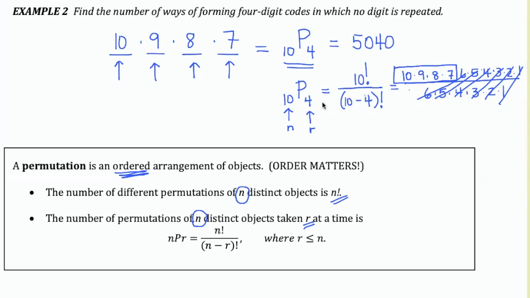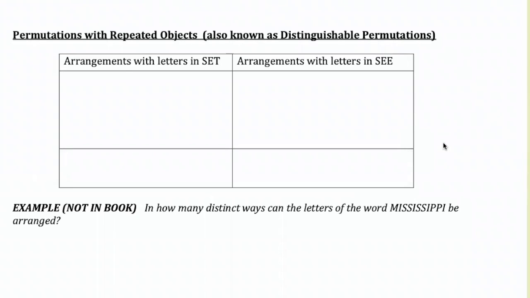So this formula gives us a notation to use and a way to calculate it. Now for this course, I am going to allow you to use your calculator to do the calculating. However, you would need to show work, and your work would be the thing that you're typing into your calculator.